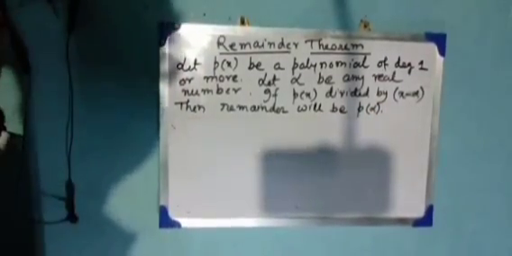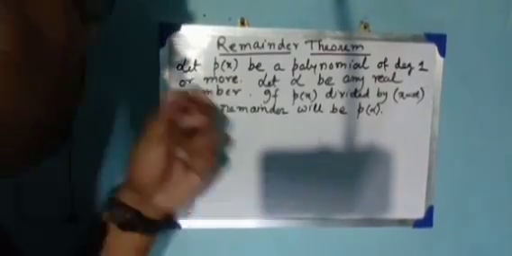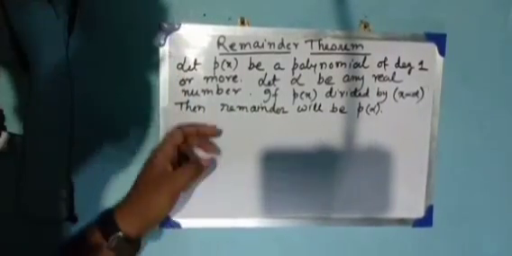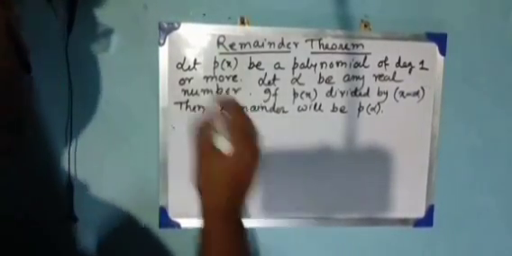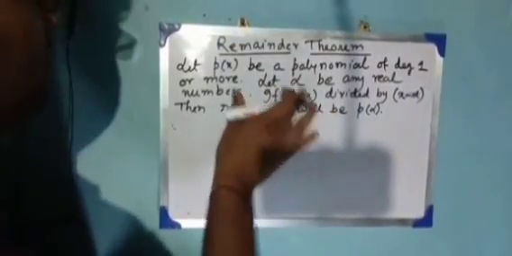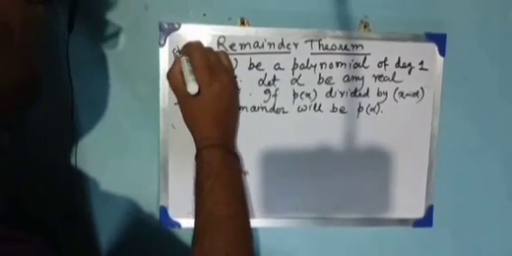Without actual division, we can tell that the remainder will be P(alpha). Now, how does this come about? This is the remainder theorem, this is the statement.